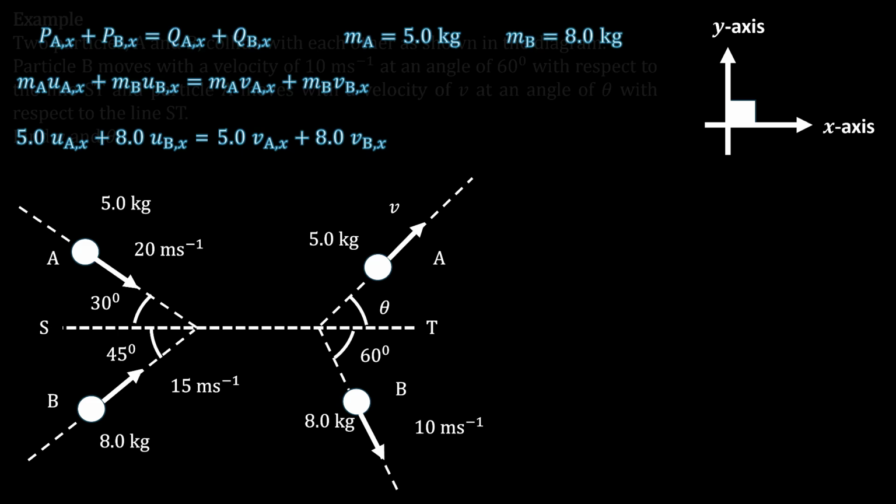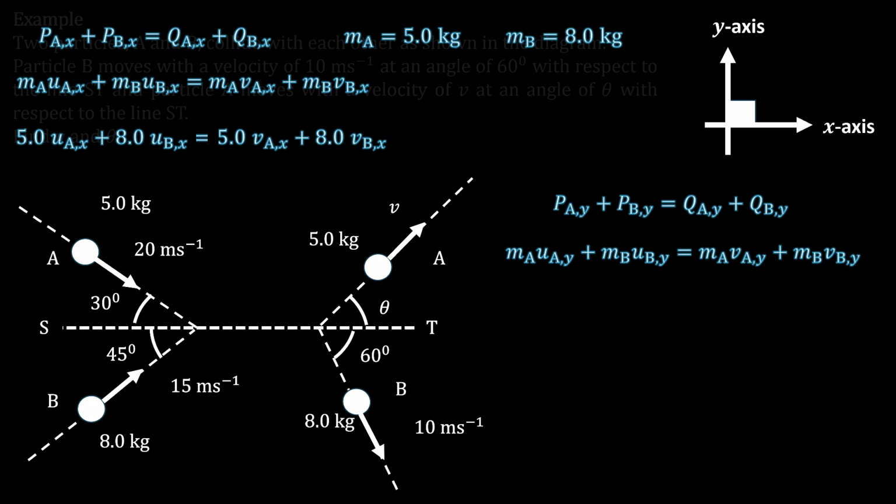Now if we do the same along the y-axis, we have PAY plus PBY is equal to QAY plus QBY, which can be written in terms of the y component of the velocities as MA UAY plus MB UBY is equal to MA VAY plus MB VBY.